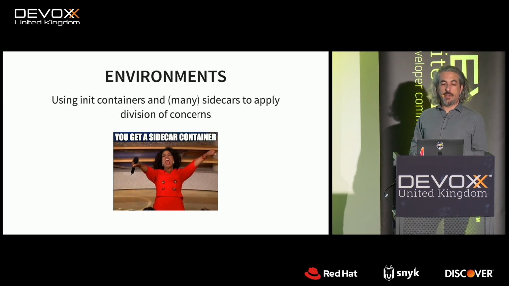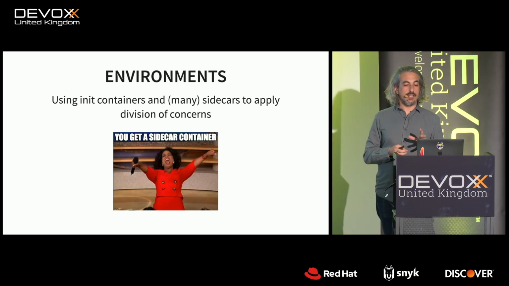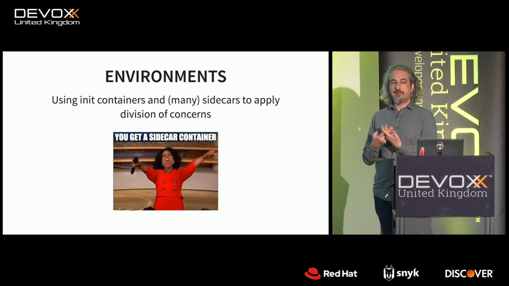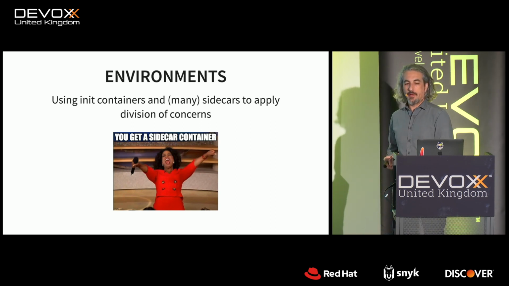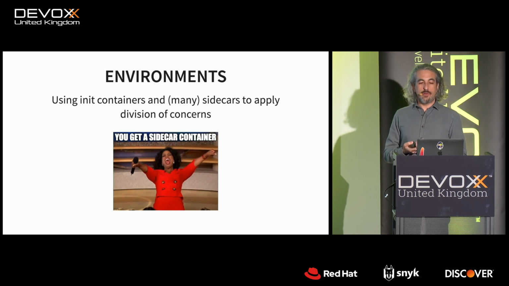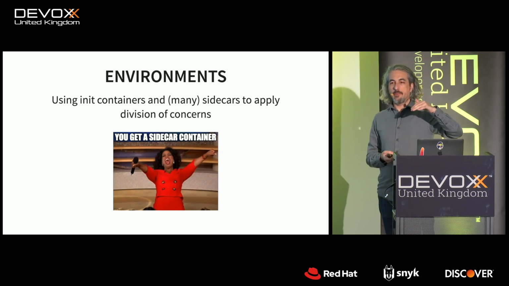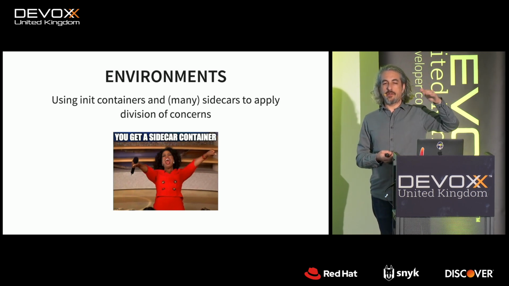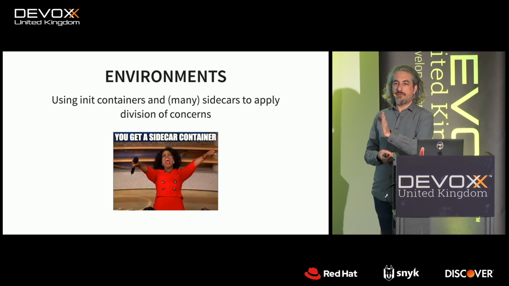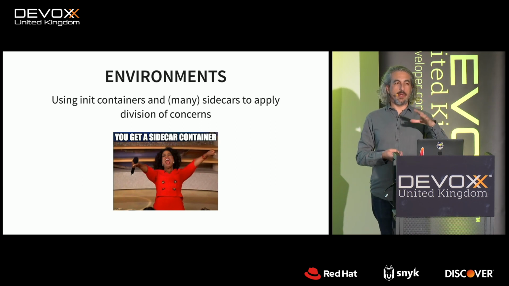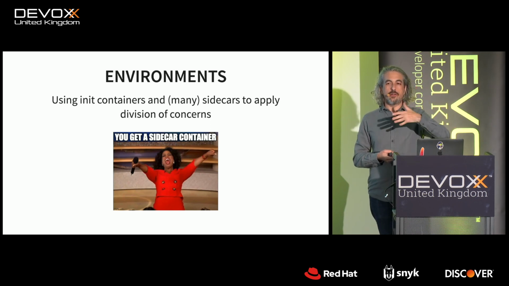On the environments, we use init containers and many sidecars to do a division of concerns. So on Kubernetes, for those that are not familiar, when you run a container, you run it in a pod, and you can have multiple containers per pod. One thing you can do is also have init containers. So you have init containers that start at the beginning, they finish, and then the next init container, and so on. So you have some initialization phase. And then you have the main containers, which is typically your main application, and sidecars are other containers that run with that main container.